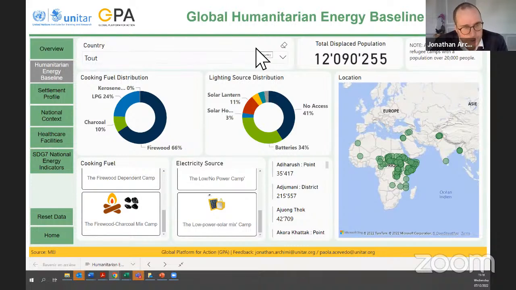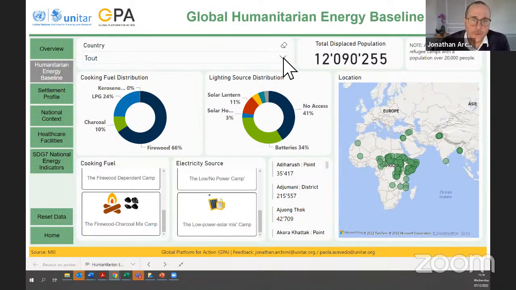And here the challenge, or the next step, I would say, is, as Paola said, this is really a country level energy access, and now it's to go one level down to the camp access, and this is our next target for new data.